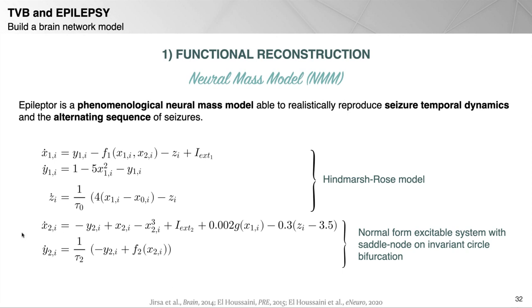For the second population, they chose a normal form of an excitable system with a saddle node on invariant cycle bifurcation. This type of bifurcation allows generating the seizure, the spike and wave discharges, but also the interictal spikes.